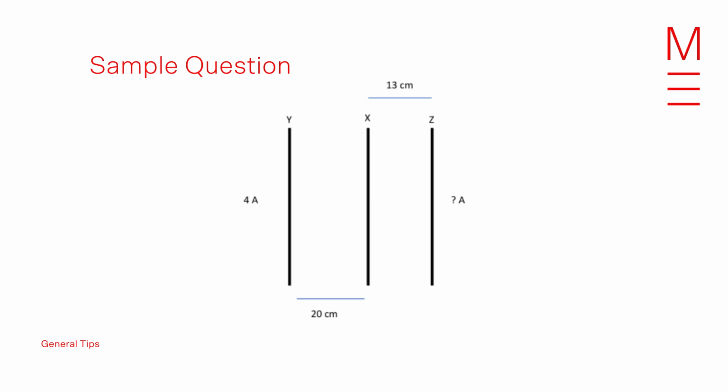Now, before we calculate, we can put some expectations on our answer. We know that wire Z is closer, but it needs to exert the same force that wire Y did. Therefore, according to Ampere's force law, wire Z should have less current than wire Y. We're expecting an answer less than 4 amps.